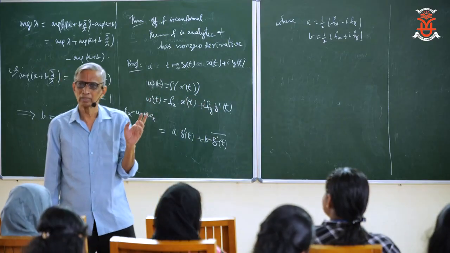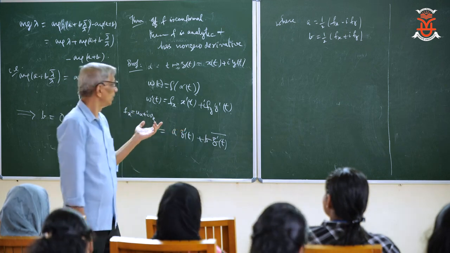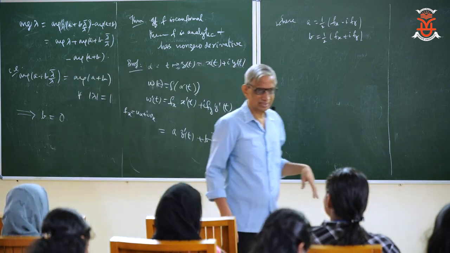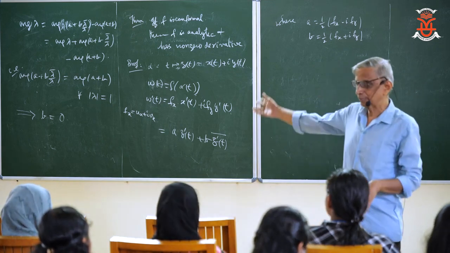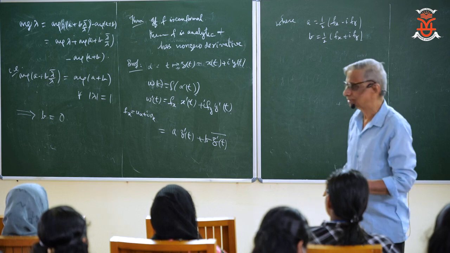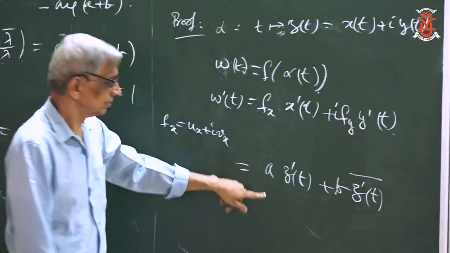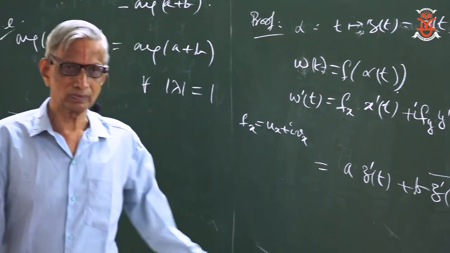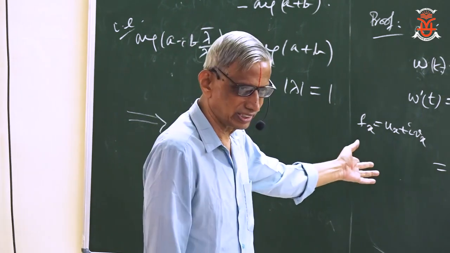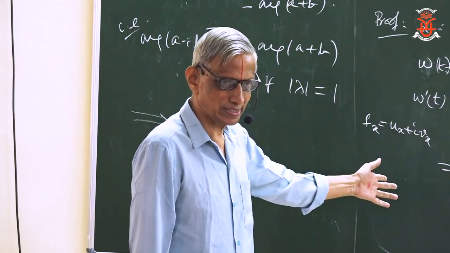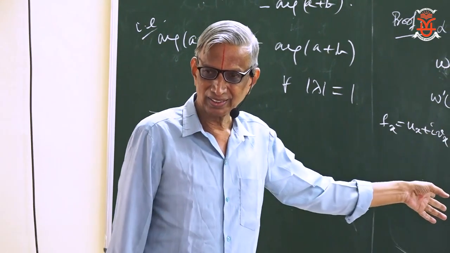So this will give you what? If f is conformal, it preserves angles. So now this will have to preserve angles. This is the derivative of a z(t) plus b z bar(t).